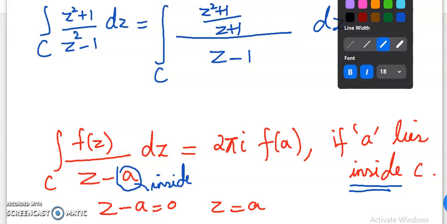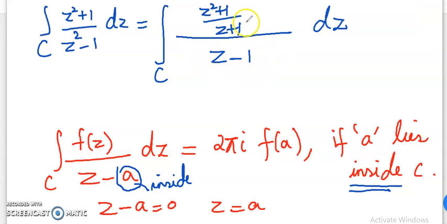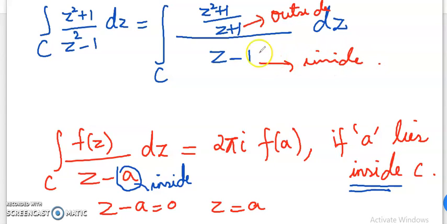What we have done: z equal to minus 1 lies outside, so that point is taken to the numerator. Z is equal to 1 lies inside, so that point you have to keep in the denominator itself.